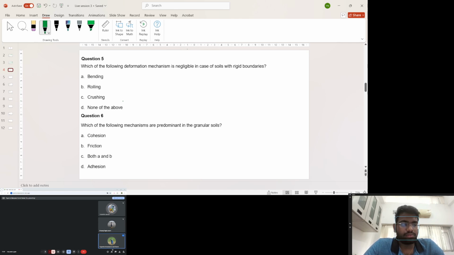Any idea? I think option B, rolling. Why do you think so? Because rolling generally happens in lateral directions. Okay.